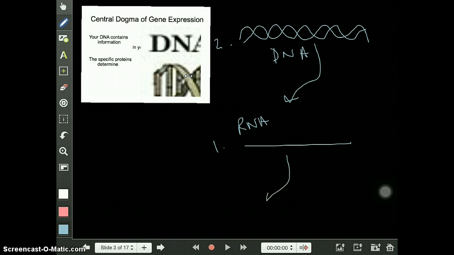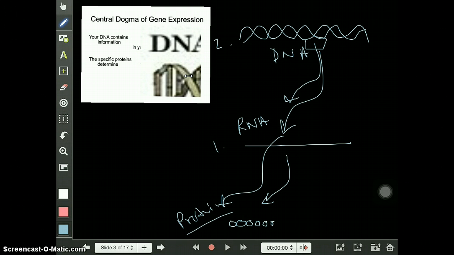Then the RNA message codes for linear amino acids together, which we call a protein. Sections of DNA code into RNA, which codes into a protein, and those sections are a gene. This main idea of how DNA eventually codes for a protein is known as the central dogma.